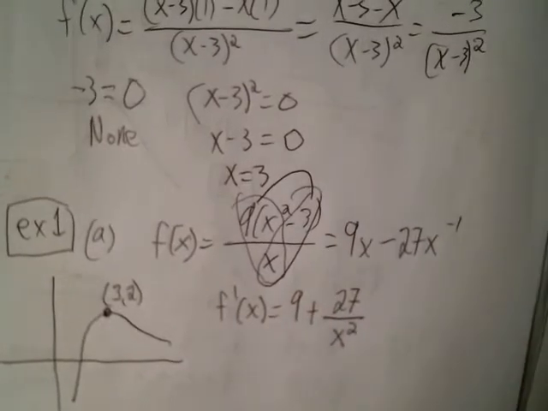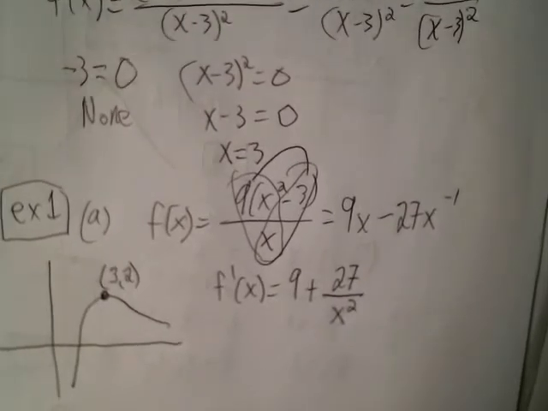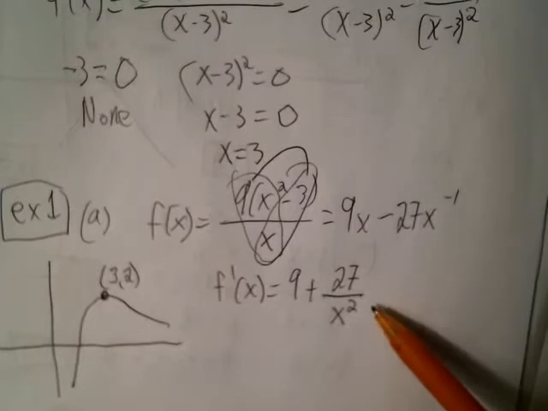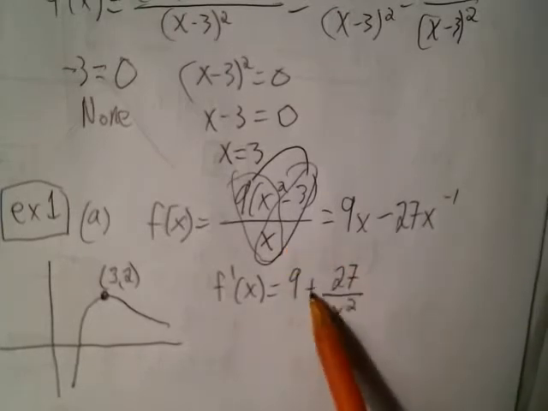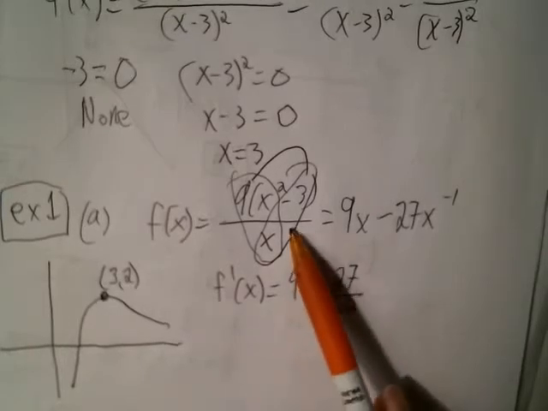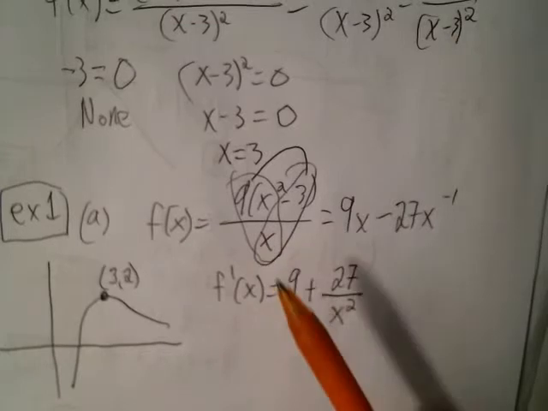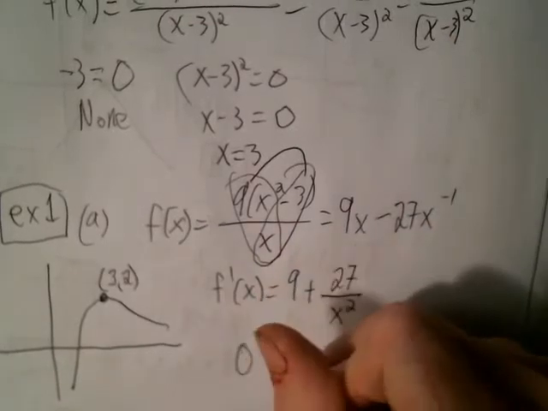Okay, so you're looking for where the derivative is equal to 0 or where the derivative is undefined, with the knowledge that if the function isn't defined at a place, then we don't even consider it. So set it equal to 0.